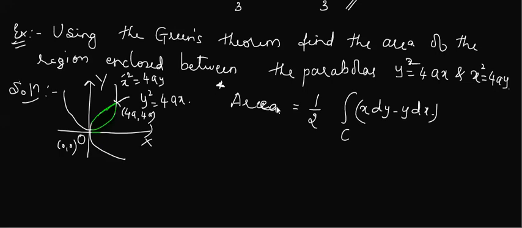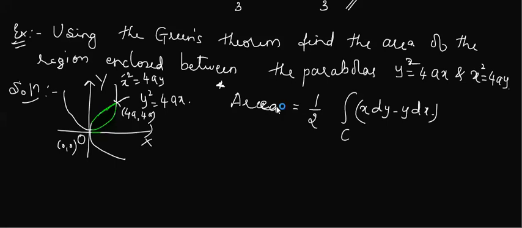Now, my curve here is nothing but the common area for both the curves. Do you have only one type of path or two types or more? Is it along only the same curve or different curves? See, my curve C is this part.